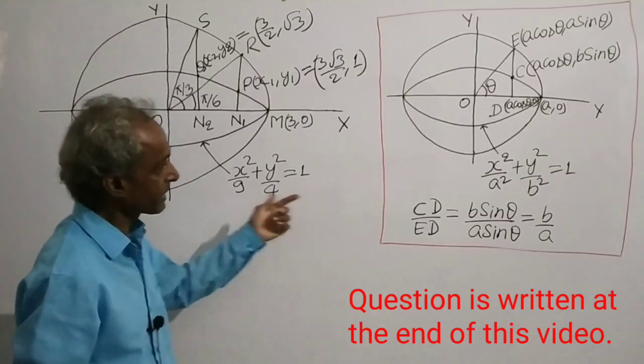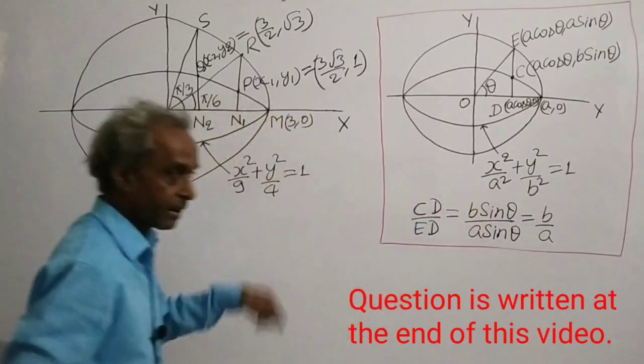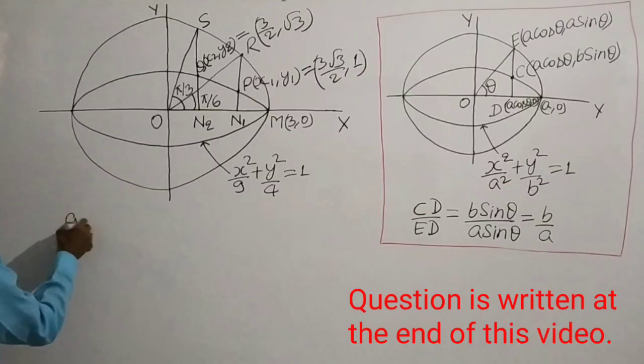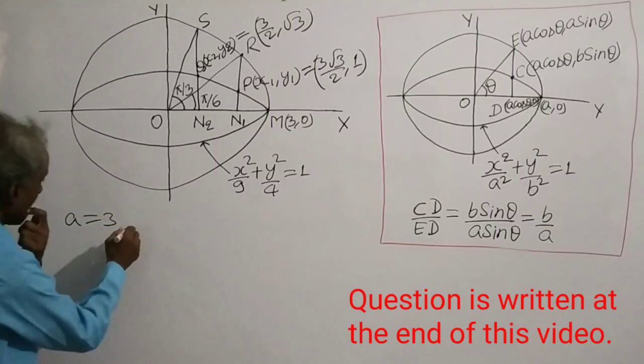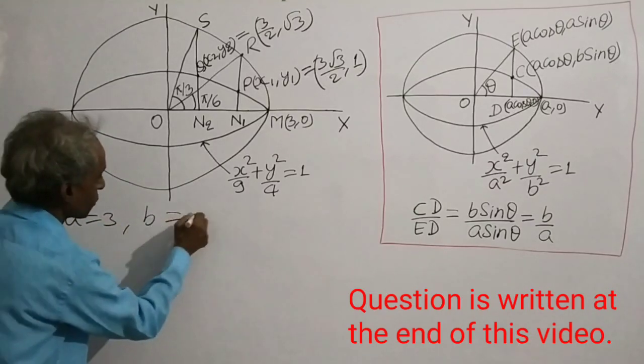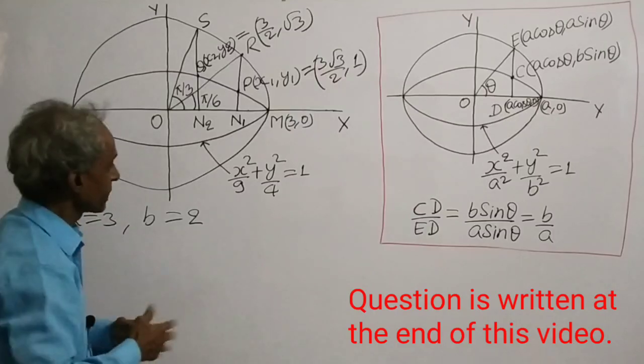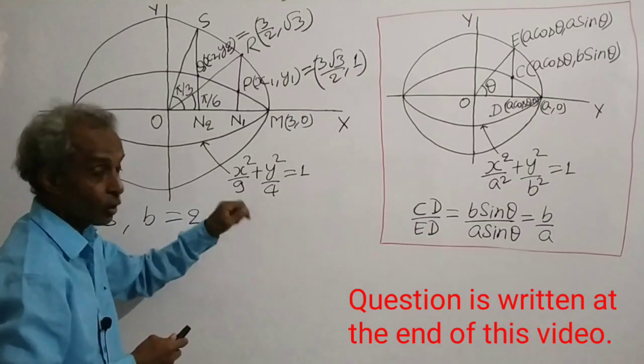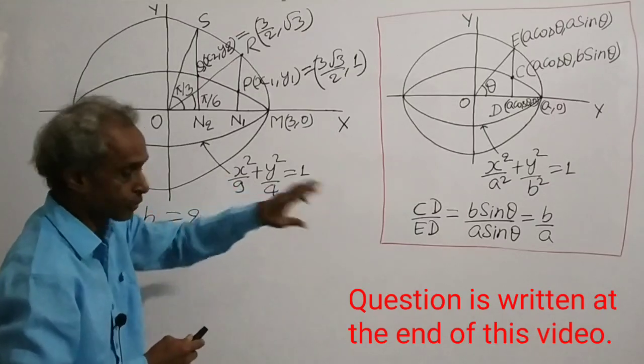Comparing this equation with this equation, we find that A is equal to 3 and B is equal to 2, because 9 can be written as 3 square, 4 can be written as 2 square.